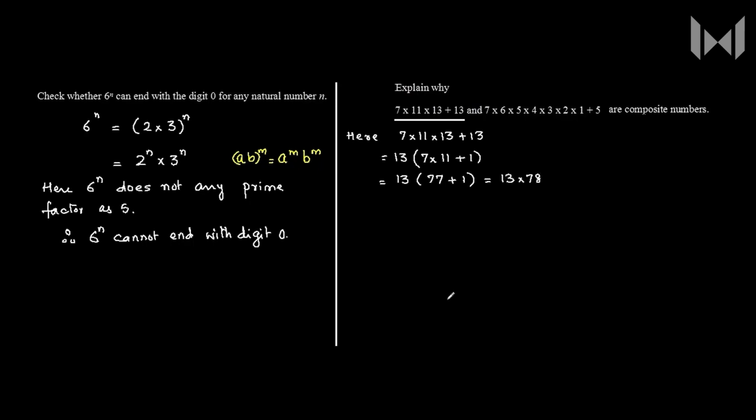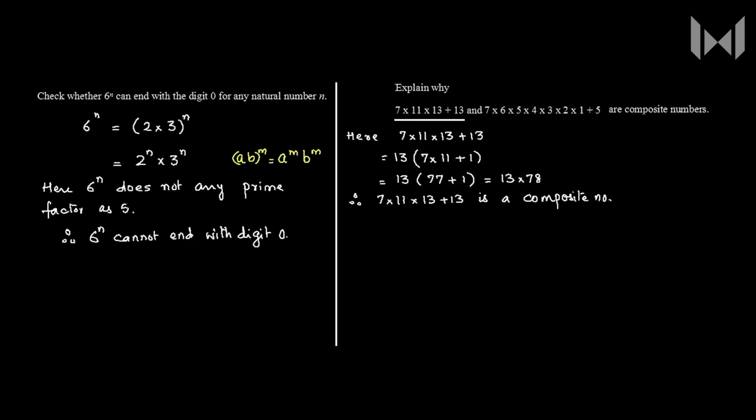That means the number 7 into 11 into 13 plus 13 can be written as 13 into 78, which is a product of two numbers, and therefore it is a composite number.